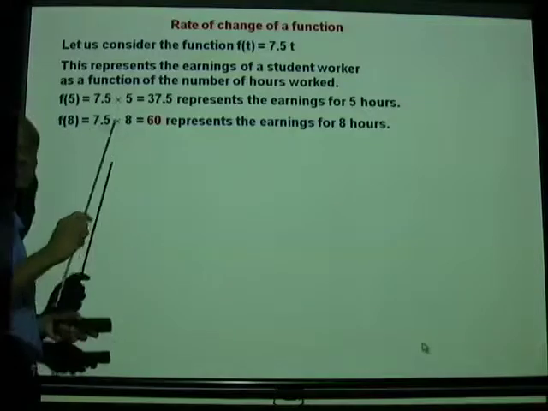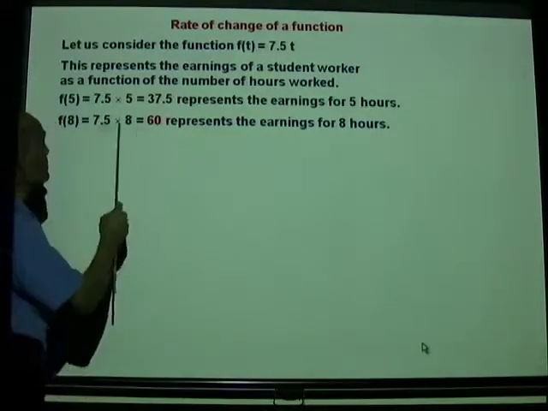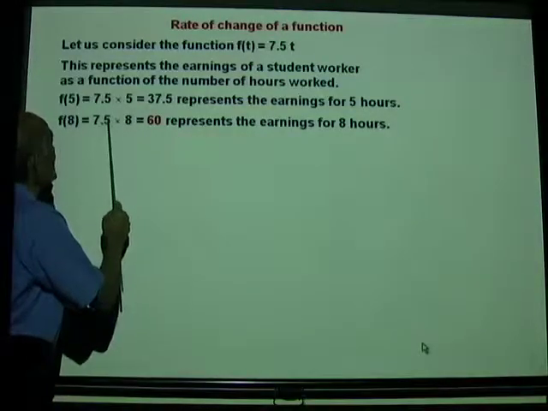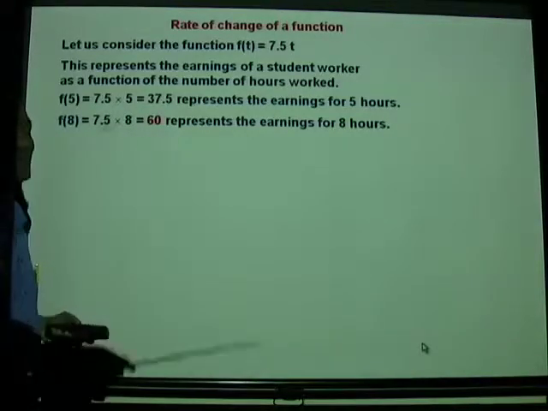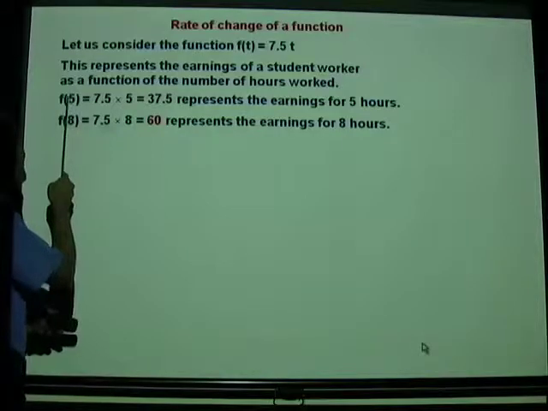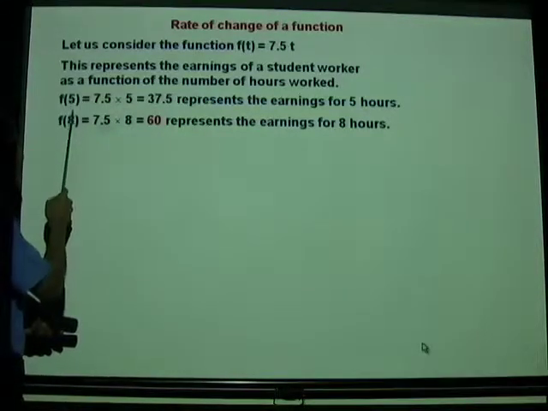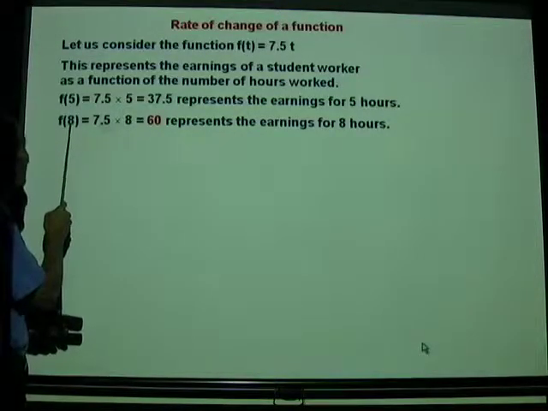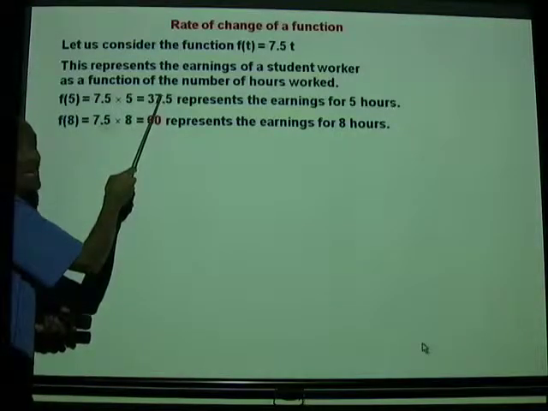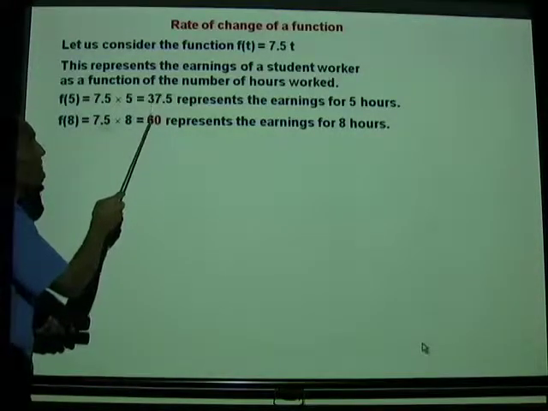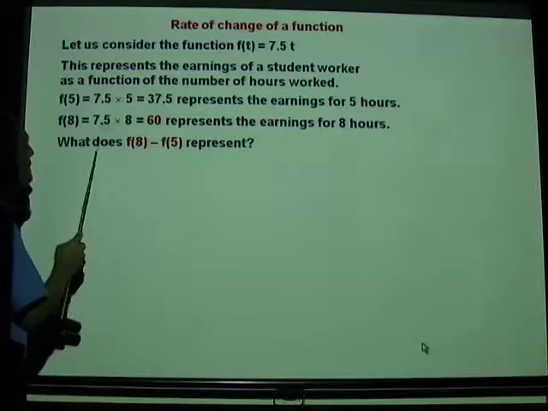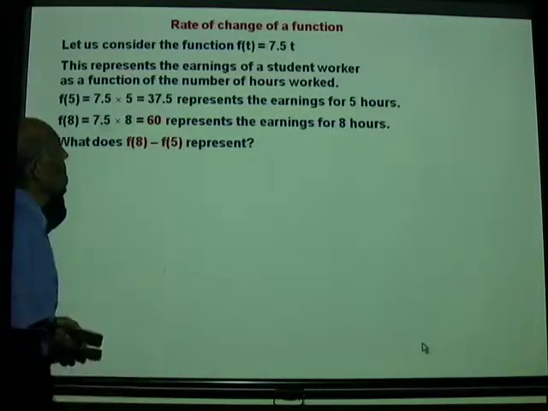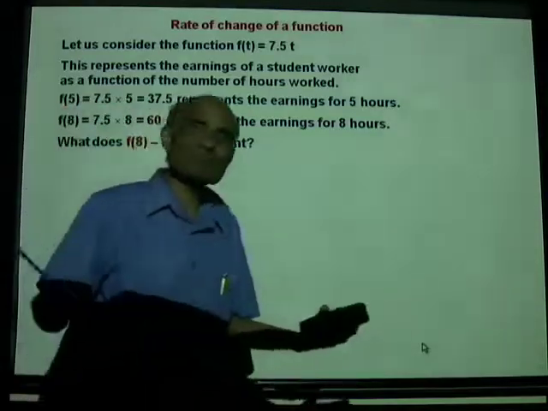F of 8: if the student works for 8 hours, the student takes home 7.5 times 8, that is $60. Now that means the input changed from 5 hours to 8 hours, and the output changed from $37.5 to $60.